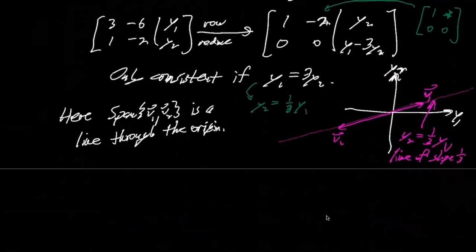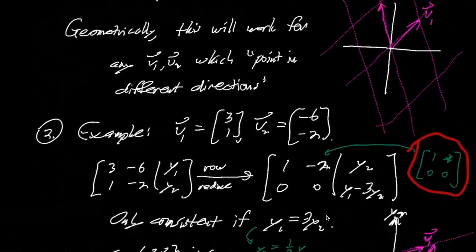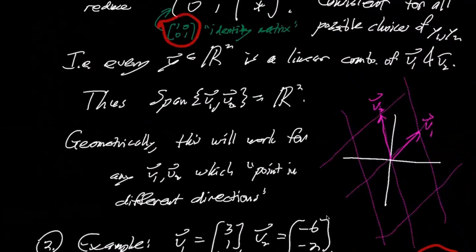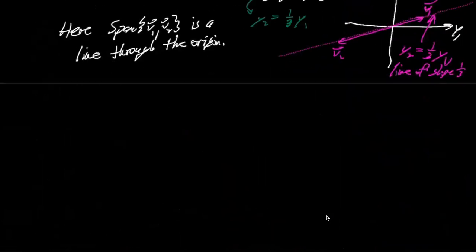So I'm just kind of thinking about all the possible reduced echelon forms, because that's what this comes down to, if you think about it. Let me think about what else we could have. Let's just say other reduced echelon forms.